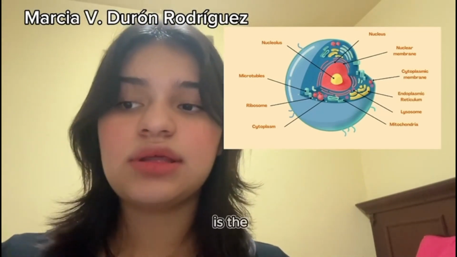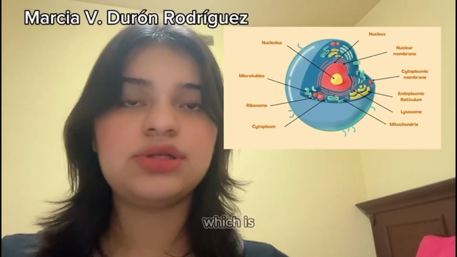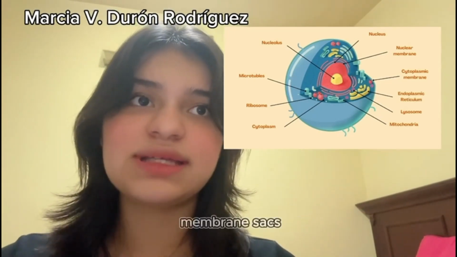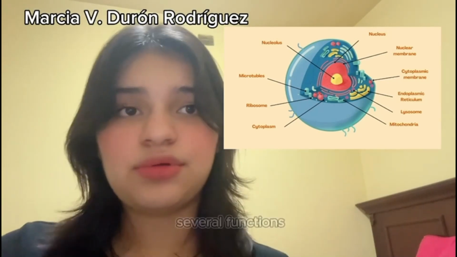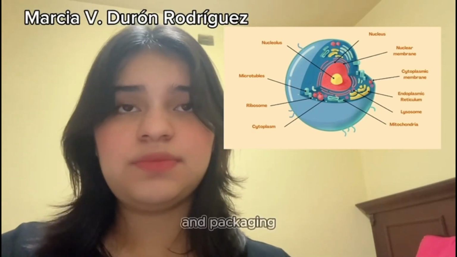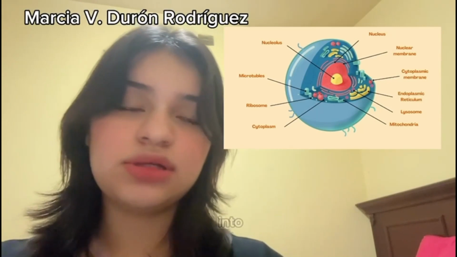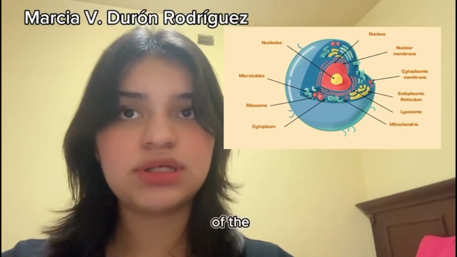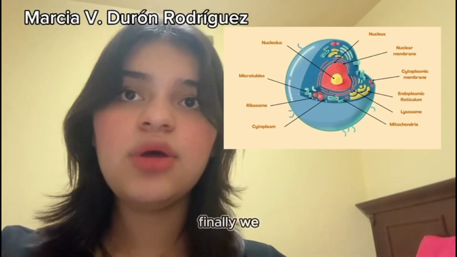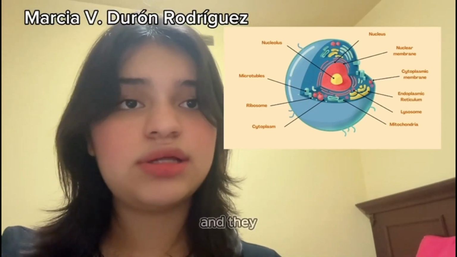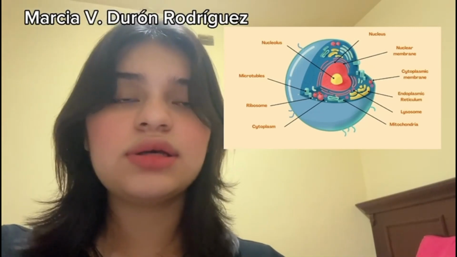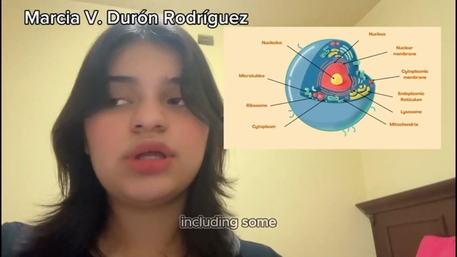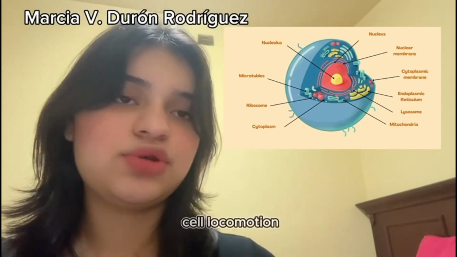Then there is the Golgi apparatus, which is a specialized set of interconnected flattened membranous sacs, which have several functions, including packaging finished molecules into vesicles for transport to other parts of the cell. Finally, we have the microtubules, and they function to determine the cell shape and a variety of cell movements, including some forms of cell locomotion.